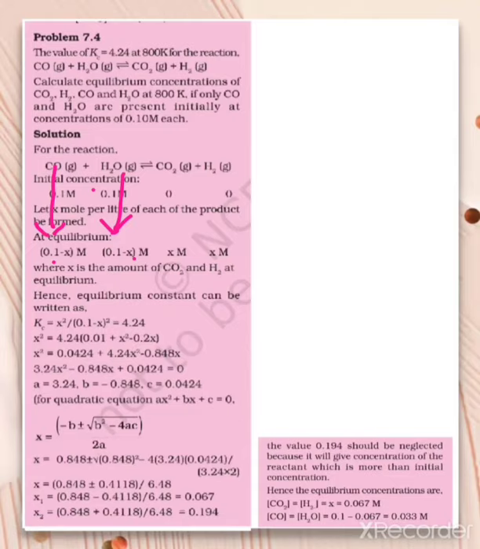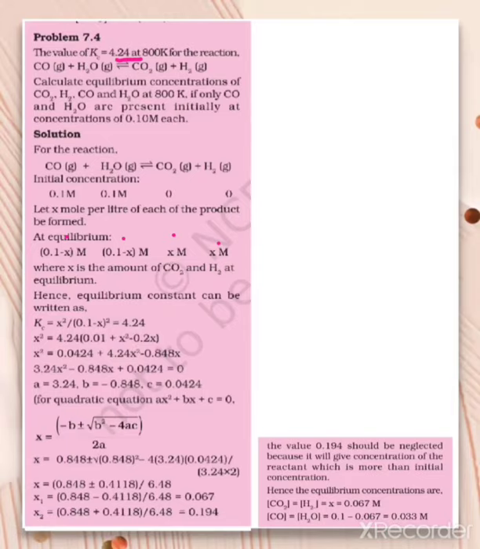So 0.1 minus x. Now the equilibrium constant is already given for this equation, Kc is equal to 4.24. These are the concentrations of reactants and products at the equilibrium stage.